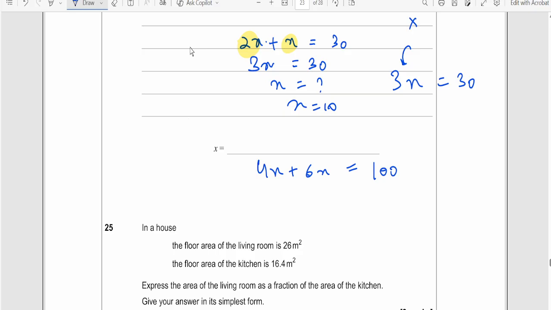What does that equal? 10x is equal to 100. Find x. Is 10, because 100 divided by 10 is 10. Good.